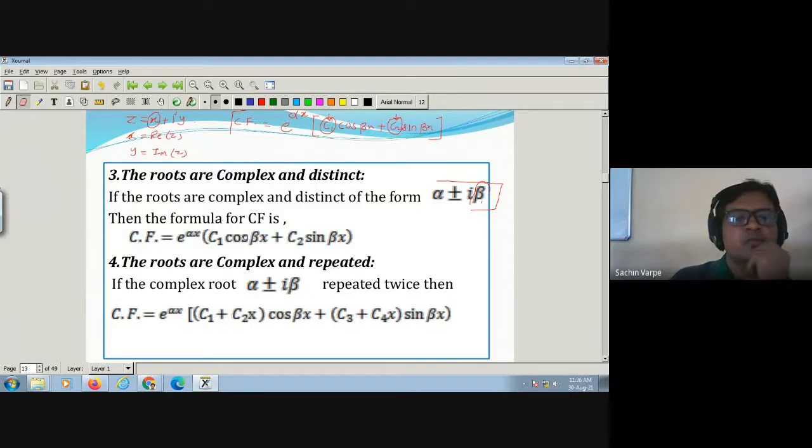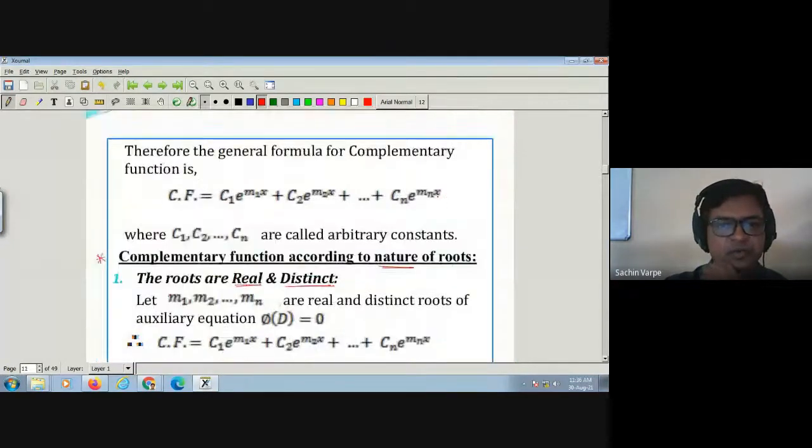If you're thinking about the proof of this formula, then actually M1 is alpha plus I beta, and M2 is alpha minus I beta, right? When I substitute these M1 and M2 into the general formula of the complementary function, we use Euler's formula.